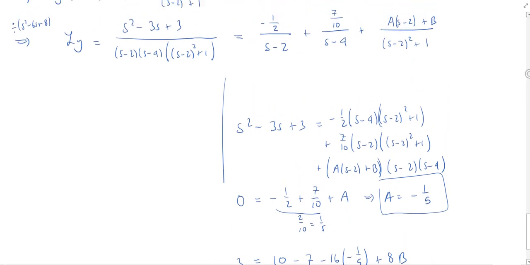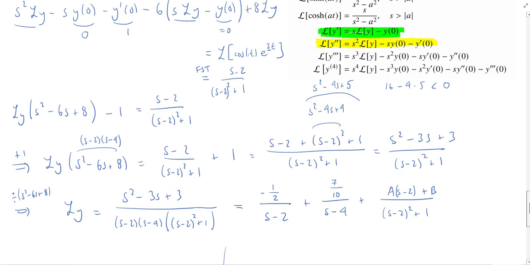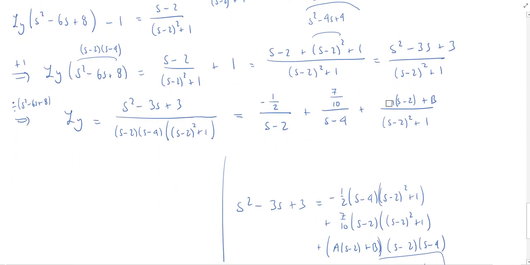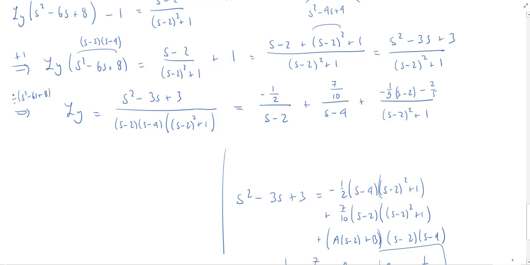So we can head back up. Whoops, let's head back up. And I can replace a now by negative 1/5 and b by negative 2 over 5. Okay, this last piece, of course, we're going to want to break up into 2 pieces.